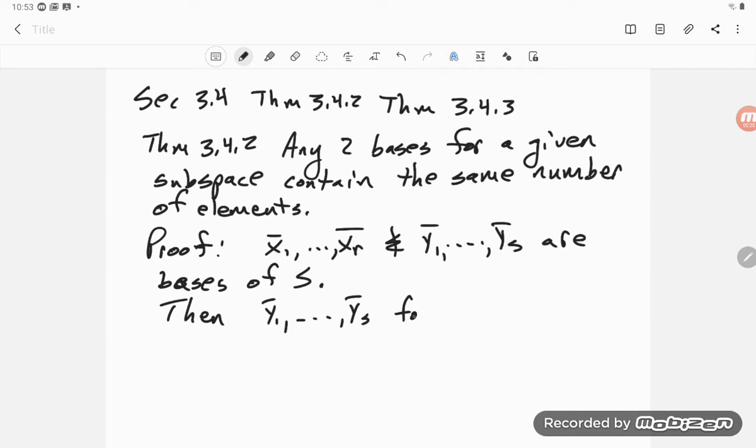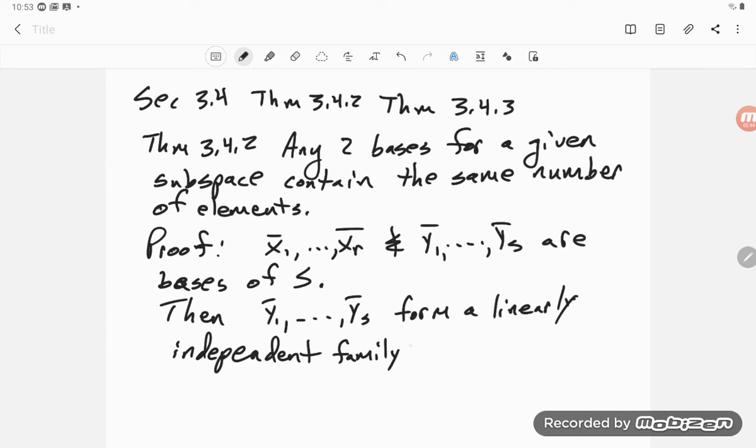They form a linearly independent family in S, which is equal to the span.